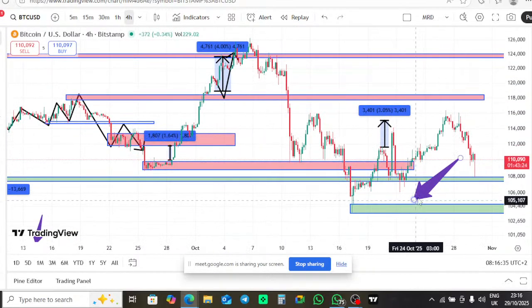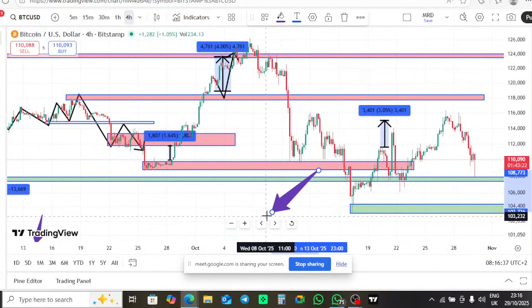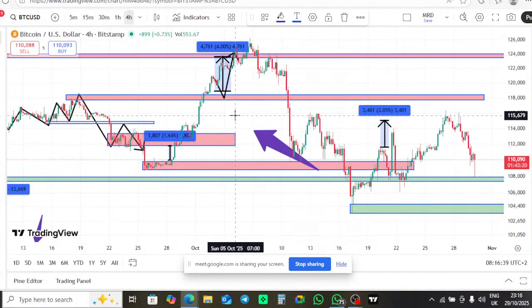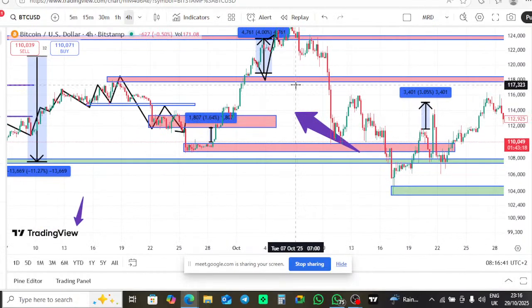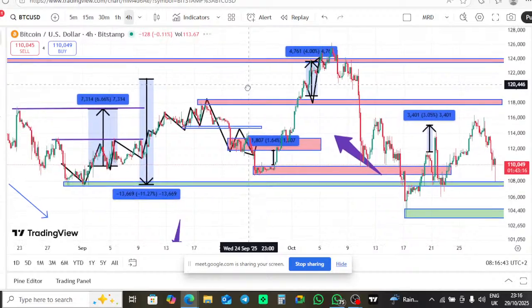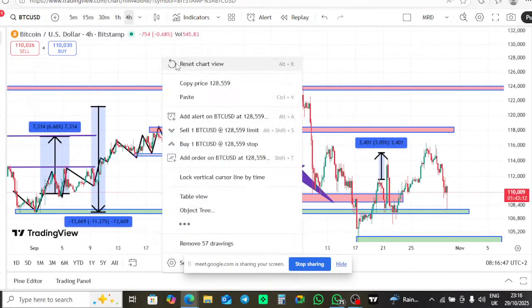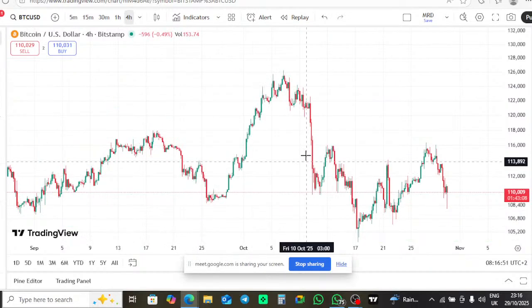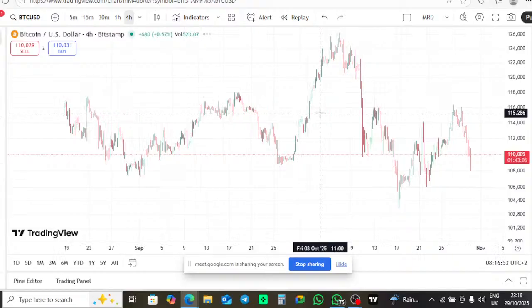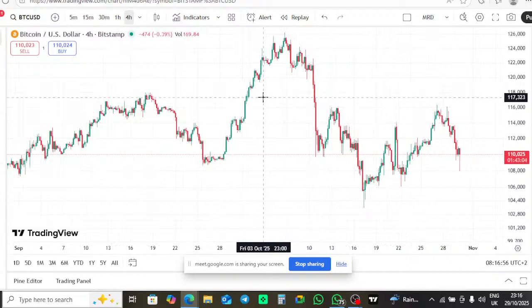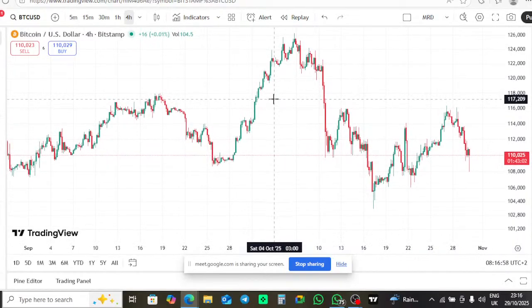You may not have as many as I have, but you can also have some lines according to your understanding. So for example, I'm going to remove everything here, then we look at the plain chart of Bitcoin.